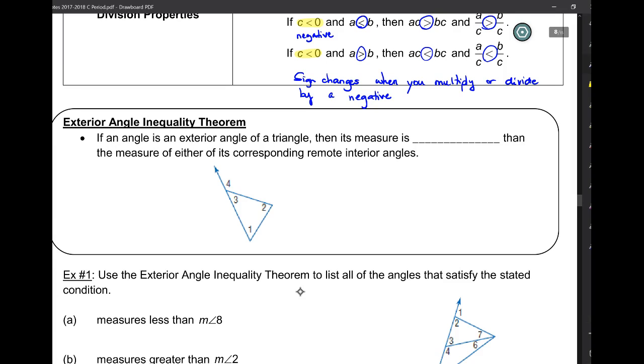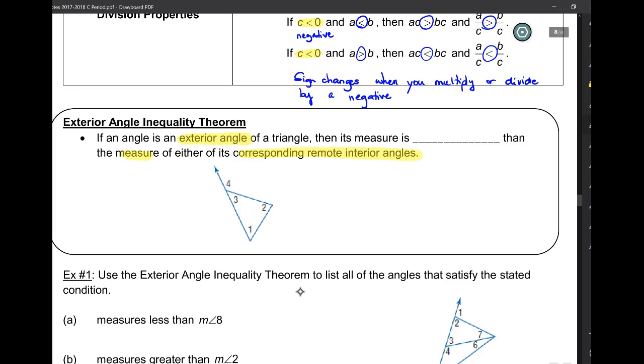Now, we did an exterior angle theorem, which said the exterior angle was equal to the sum of what? The two remote interior angles. That's what those are called. So now that we have an inequality, this basically says if you have an exterior angle, then its measure is, we have to figure that out, compared to the measure of either of the corresponding remote interior angles.